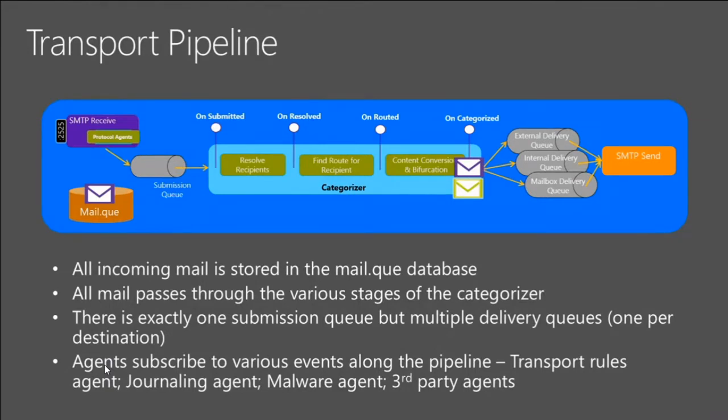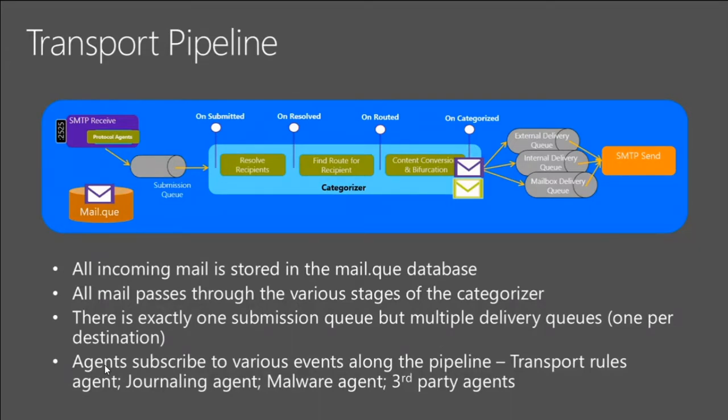As soon as it comes in, that is taken care of at the on-submitted stage. Before anything else is processed, that mail can be thrown away if it contains malware. The transport agent, for instance, even before that, the journaling agent, the unjournaling agent would probably work, or the decryption agent also works, for instance, at the on-submitted stage.